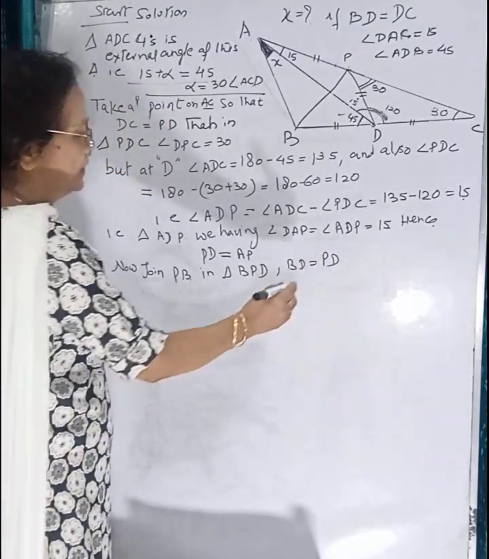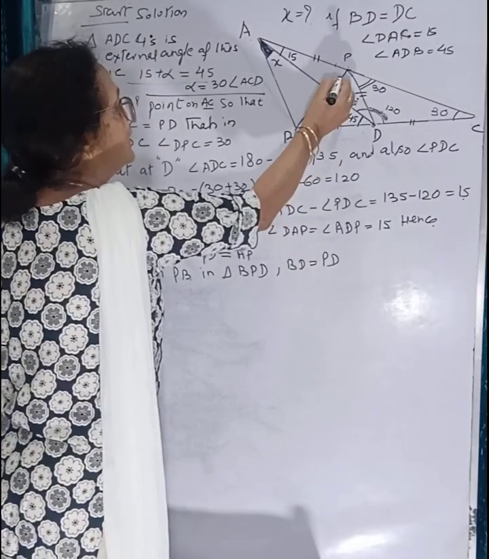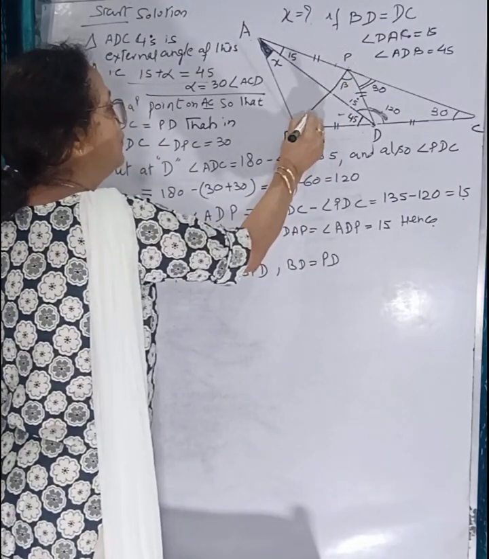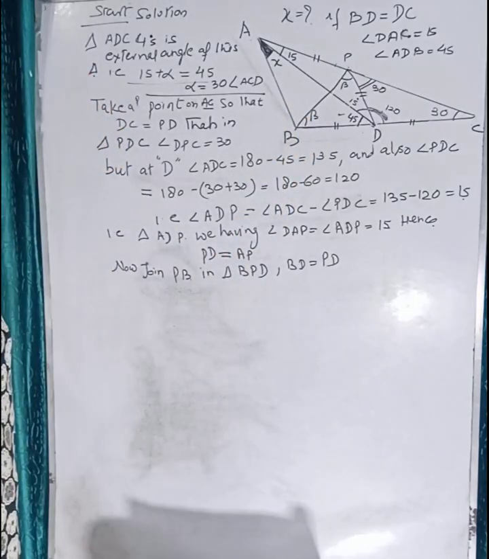It means at point P, if this angle is equal to beta, then this will also be equal to beta. Okay.